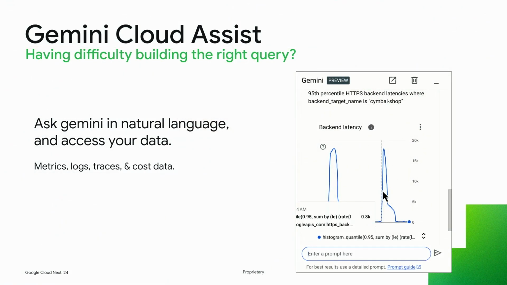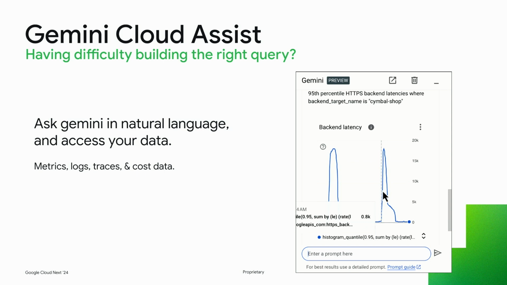I don't know if any of you love building queries. I certainly don't. I don't know anybody who was born knowing how to write these queries, but queries are a bit unnatural. So in this example, you're able to query your monitoring performance data, in this case a backend latency metric, just using English and have that data provided back.